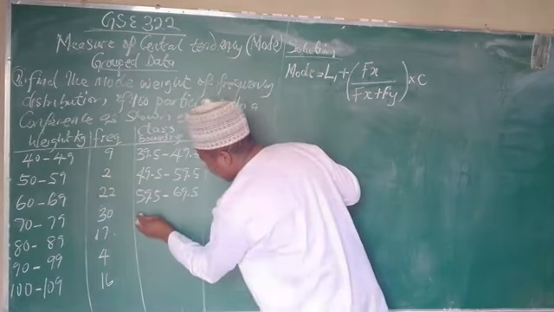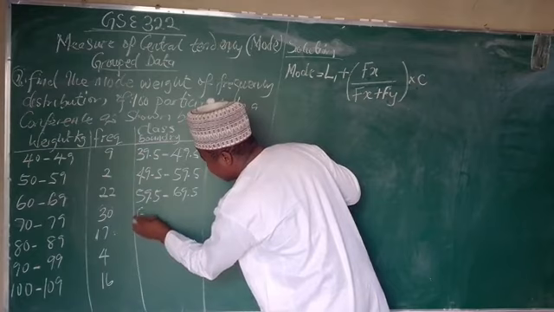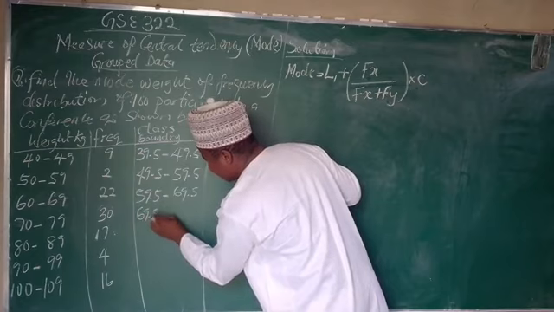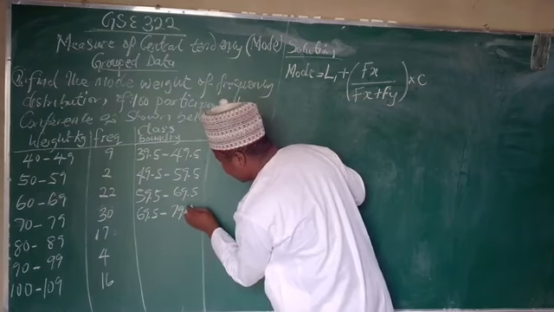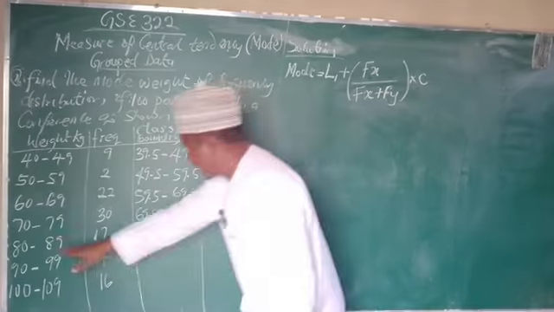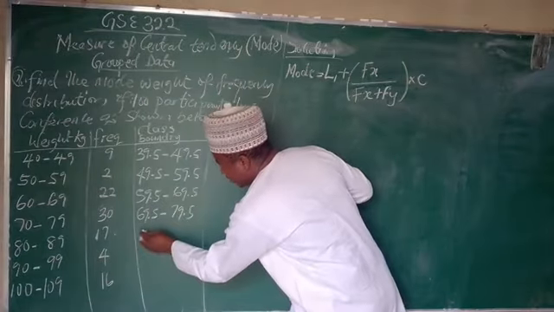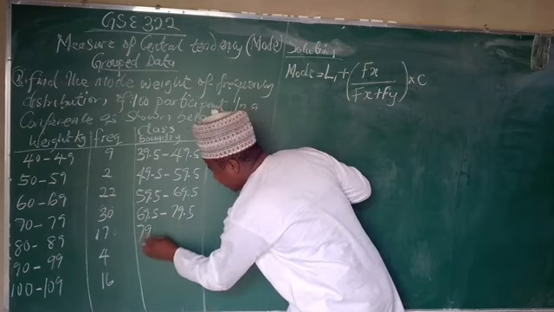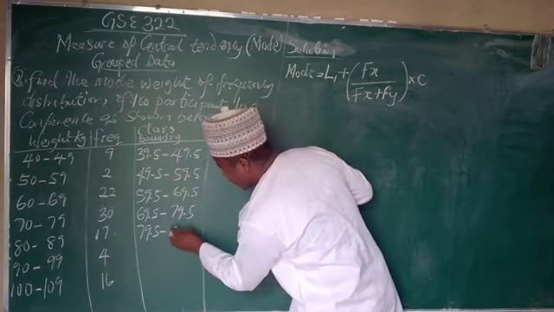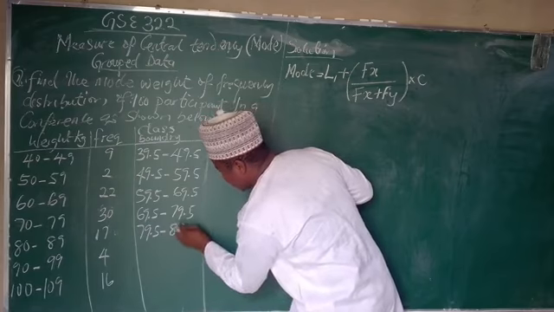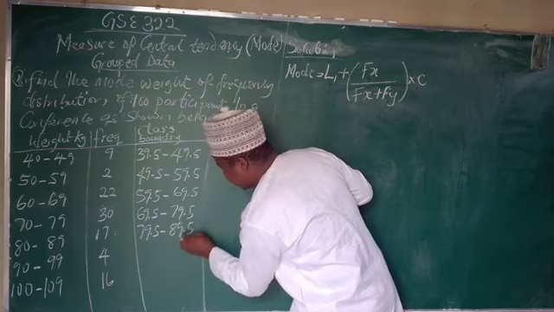Then the next one is 69.5 to 79.5. Then the next one is 79.5 to 89.5.